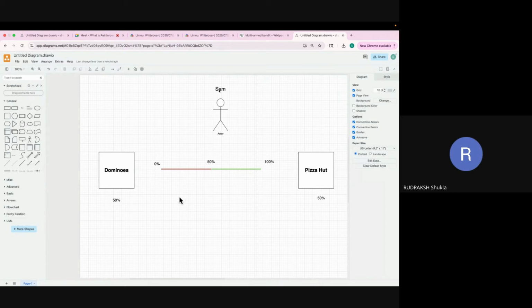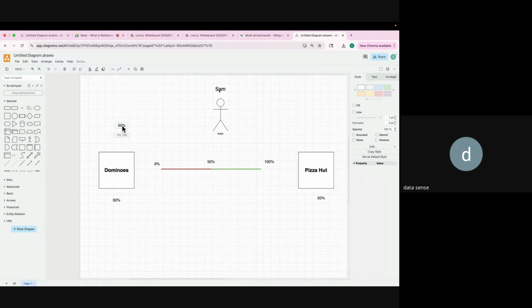Okay, so let us say he rolls the die for the first time and it comes between 0 to 50. So he will go to Domino's. He goes to Domino's, eats the pizza, and let's say he liked it. So he gets an option to reward the restaurant. We speak about giving a reward.